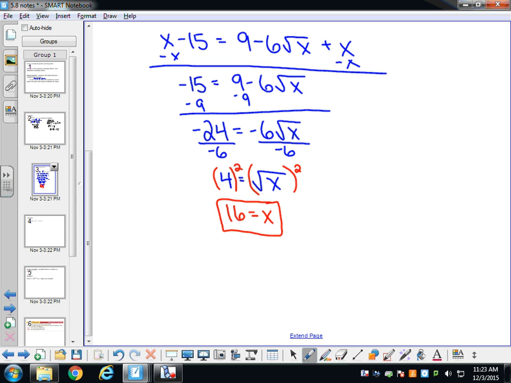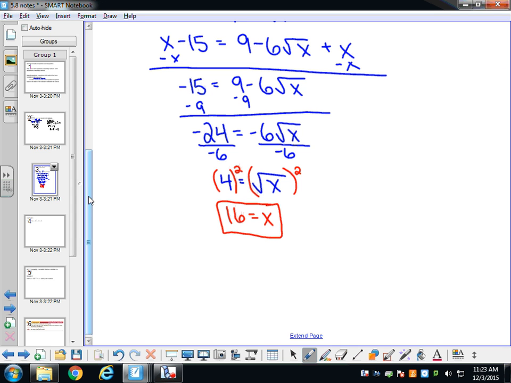Now remember, you have to check your answers. So I want to check that the square root of 16 minus 15 does that equal 3 minus the square root of 16?